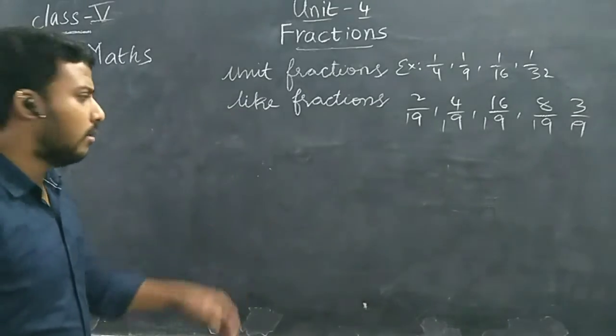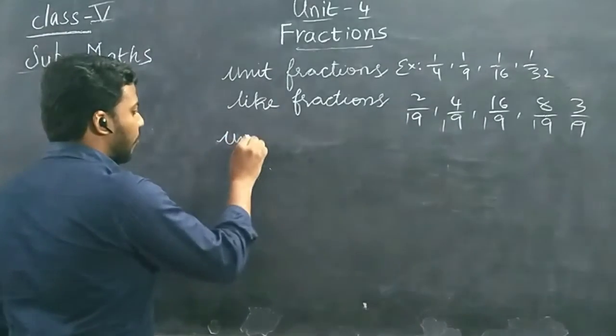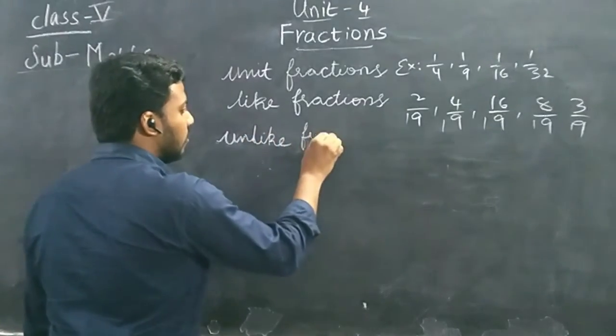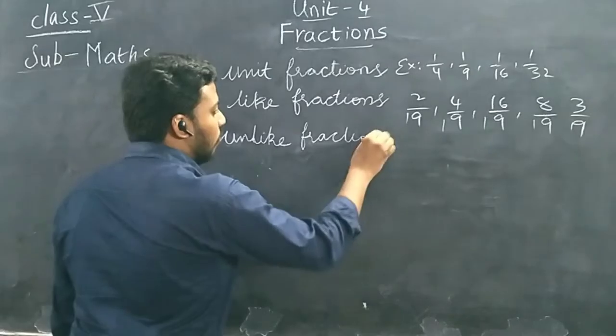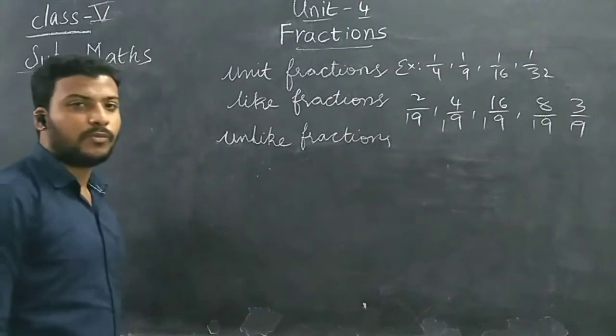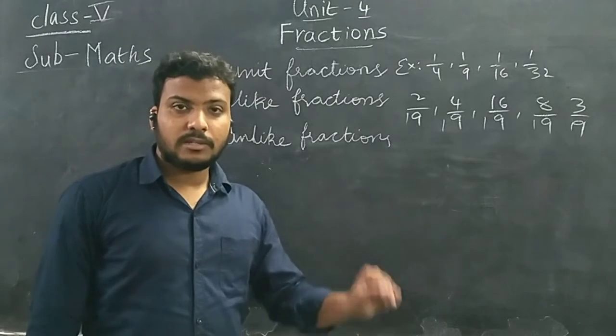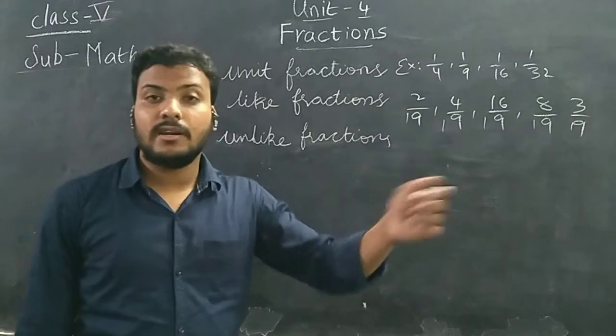For like, what's the opposite? Dislike or unlike. So the next kind of fraction is unlike fractions. What are unlike fractions, children? Fractions having different denominator values.